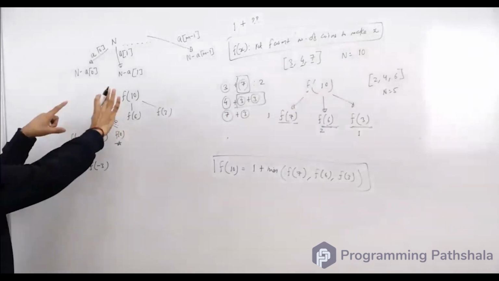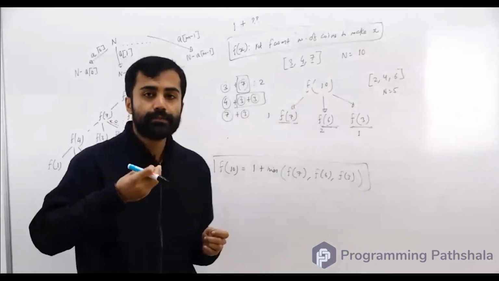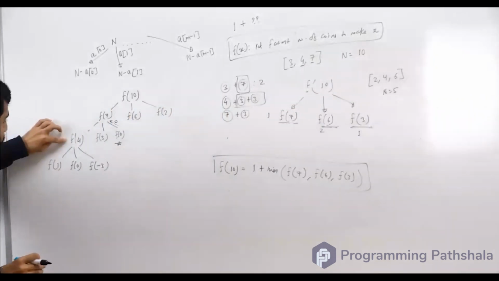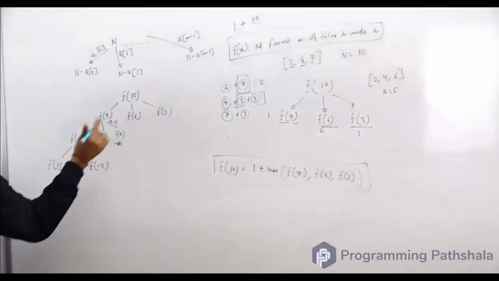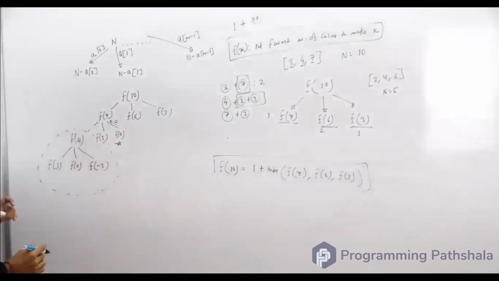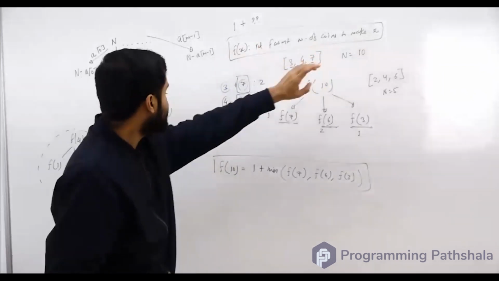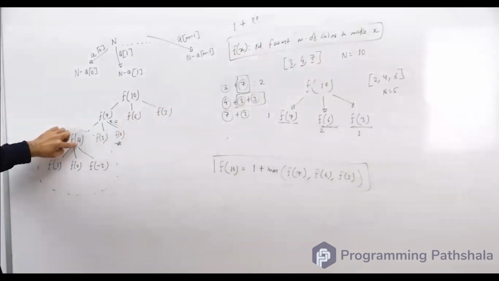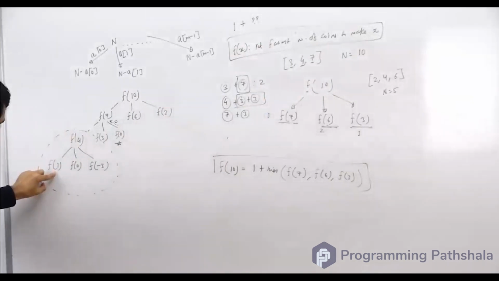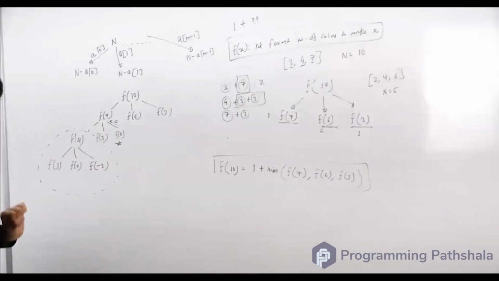Now, in recursion, what you do is you solve every subproblem one by one. So at f of 4, forget about this big tree, just focus your attention on this small tree. At f of 4, you are trying to find the fewest number of coins to make 4. That is dependent upon the fewest number of coins to make 1, 0, and -3.